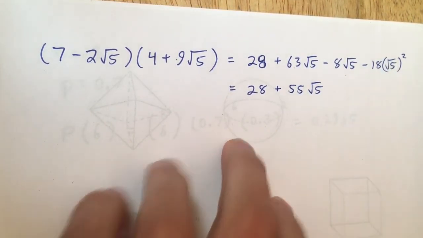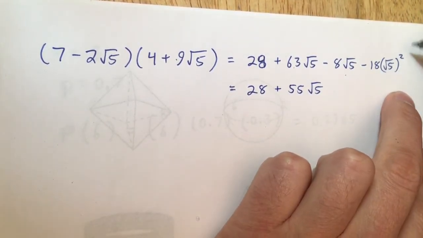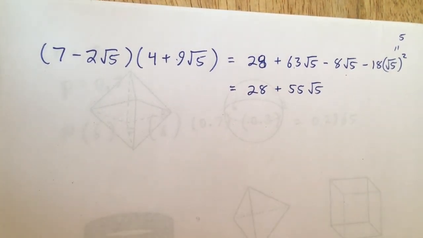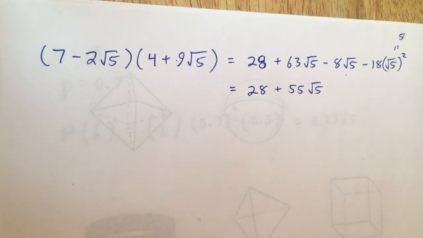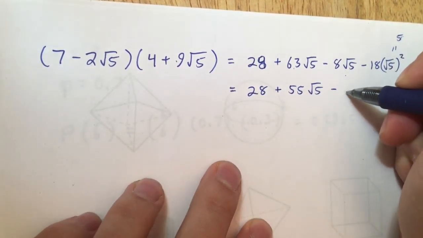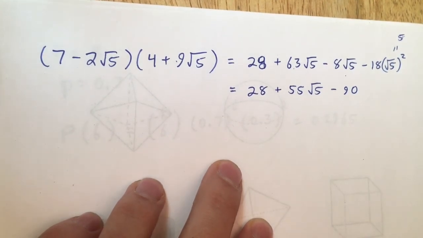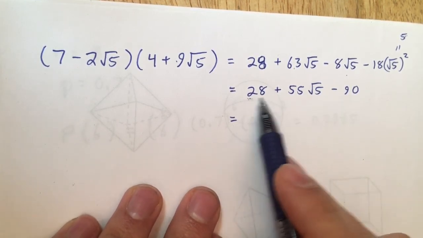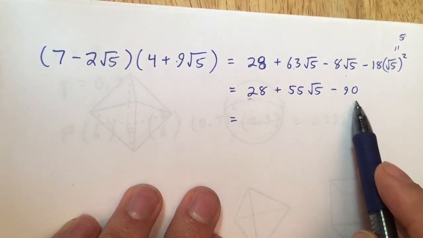And what is this? Well, root 5 squared is 5. Square root of 5 is the number that when squared gives 5, so by definition, it's 5. So this is 18 times 5. 18 times 5 is 90. Okay, so keep going with this. What are the like terms here? Well, this guy is just an integer. This is an integer, so they are like terms.